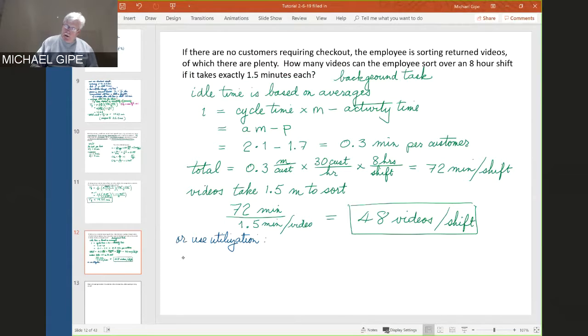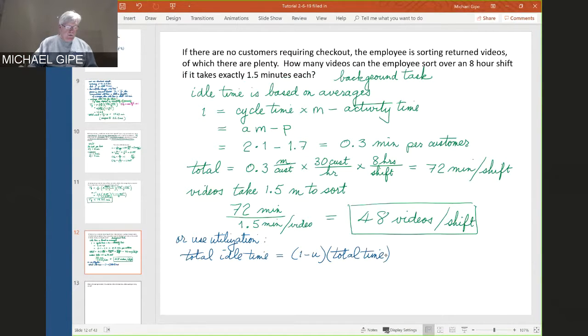And the total idle time: one minus utilization, that's the part that's not being utilized, times the total time.